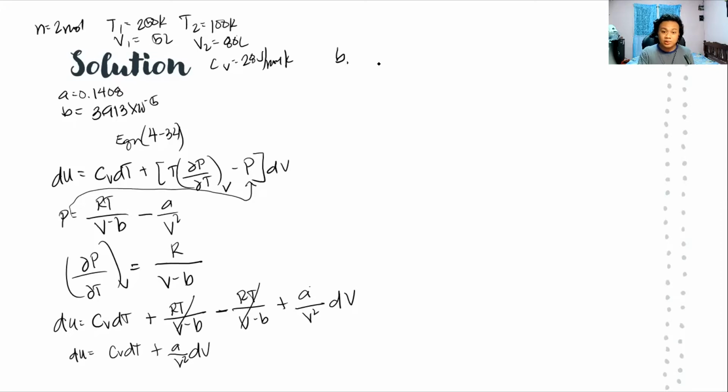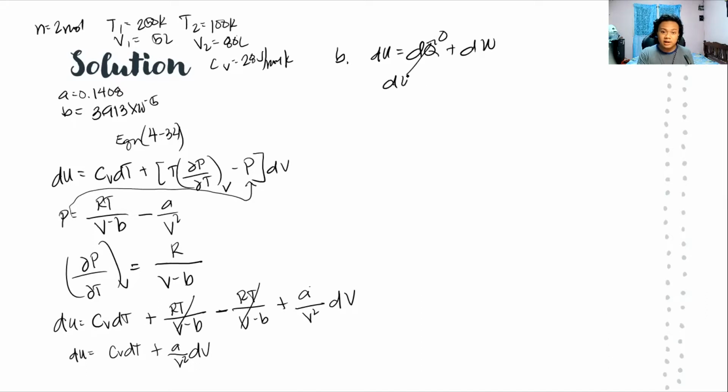So we have to begin with the first law of thermodynamics also. So we have dU equals dq plus dw. We are told that it was adiabatic, so the dq term will be 0.